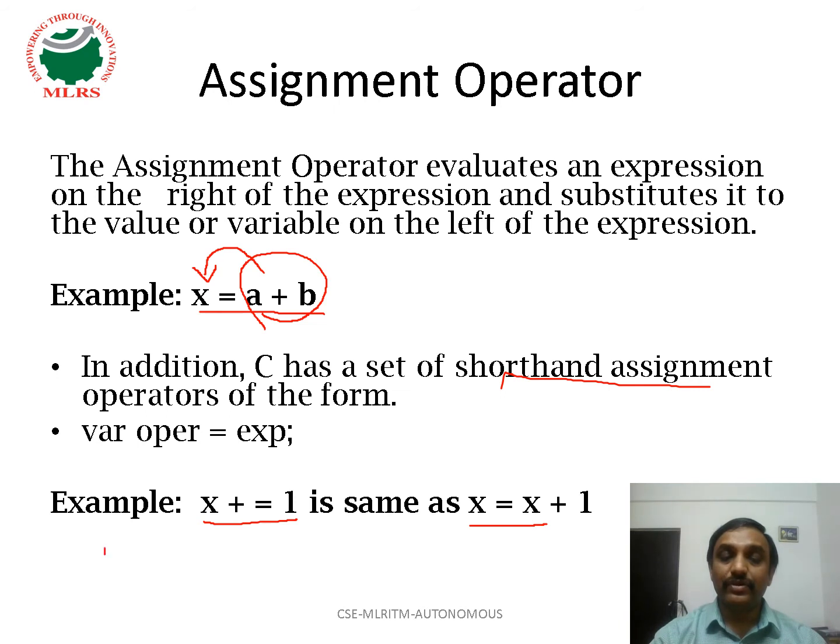For example, y is equal to y minus 1. On both sides of the assignment operator, we have the same variable y. So that we can rewrite as y minus equal to 1.